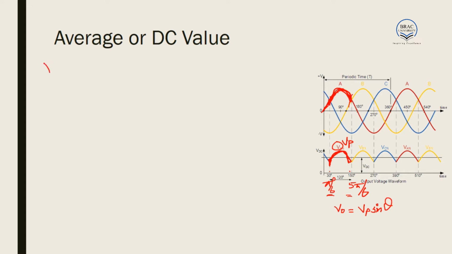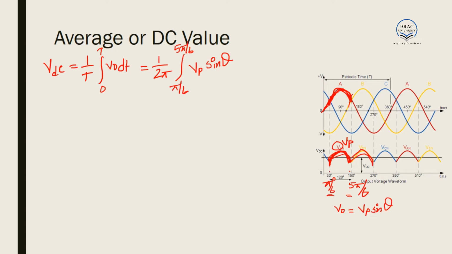Now if we are choosing this, we know our VDC is equal to 1 by T integration of 0 to T V output dt. We can write 1 by 2 pi, since 2 pi is the total period, integration of pi by 6 to 5 pi by 6 Vp sine theta. Now one thing to be noted is that throughout an entire cycle, this same thing is repeated thrice.